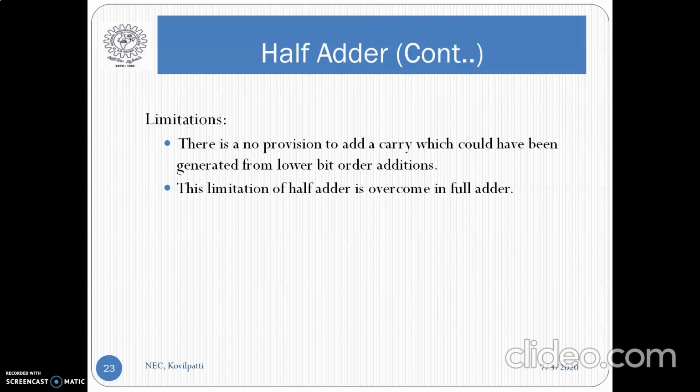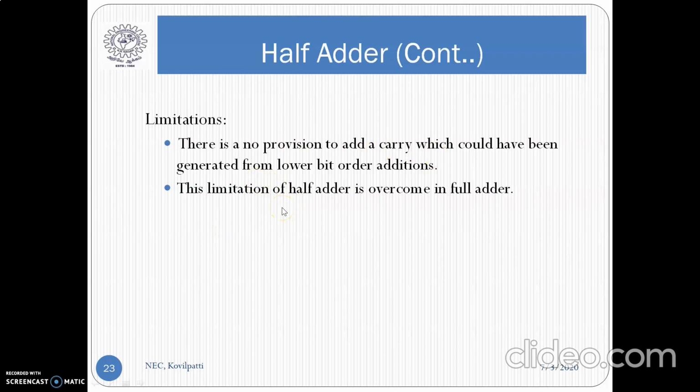Suppose both the inputs in the previous lower bit addition are 1, so my sum is 0 and carry is 1. For the next bit I am going to add, I have other A and B values, but the carry from the previous lower order bit cannot be added with the next higher order bit, right? So that is a drawback of our half adder circuit.